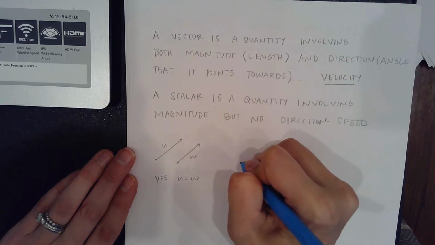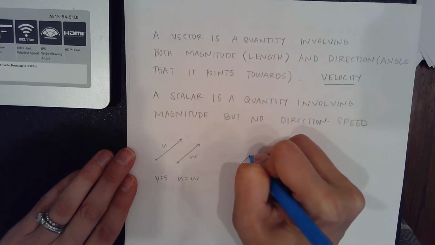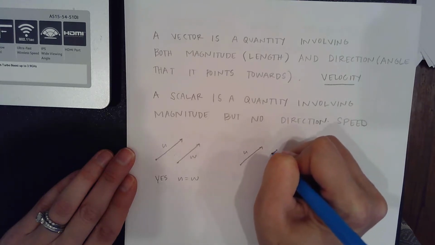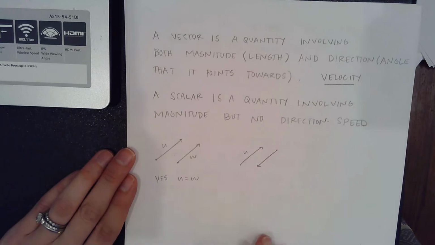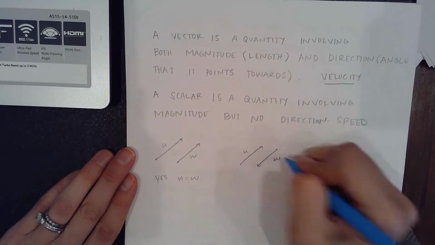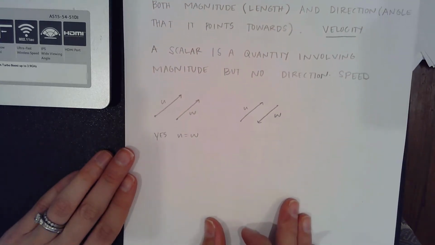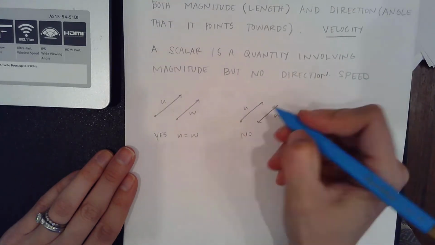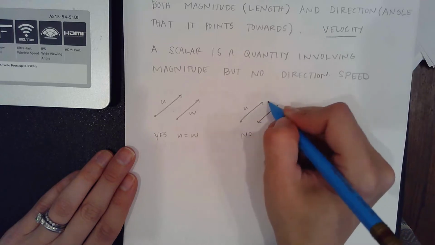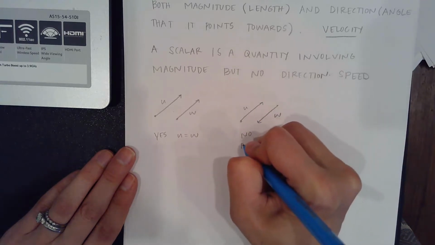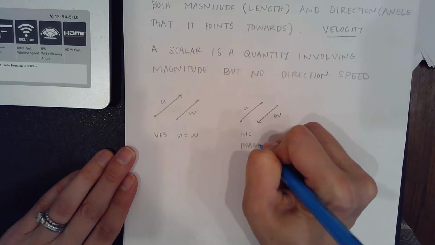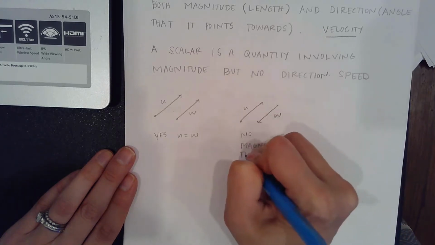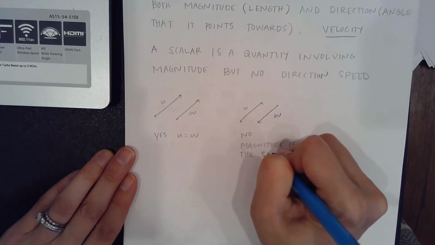Okay, so what about these? Are these going to be two equal vectors? Would these be considered two equal vectors here? Okay, the answer here would be no, because the direction is going in the opposite direction. So the magnitude is the same, but the direction is different.